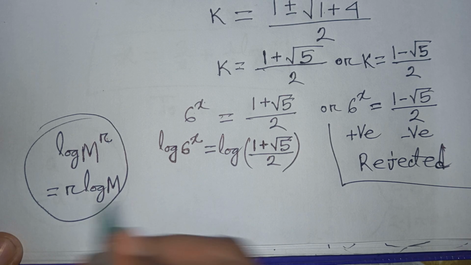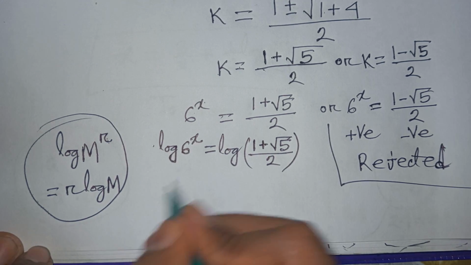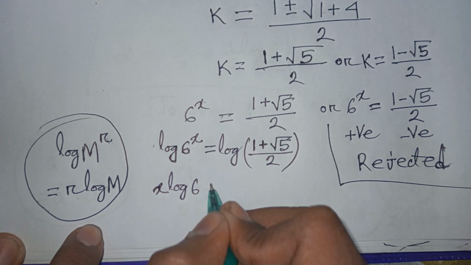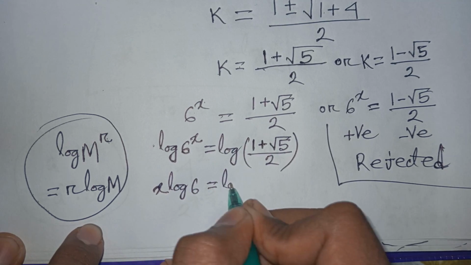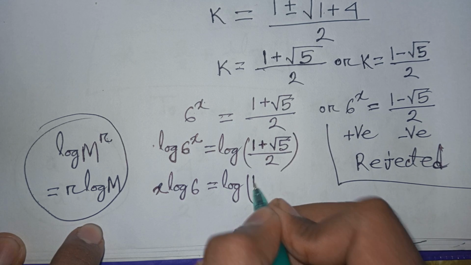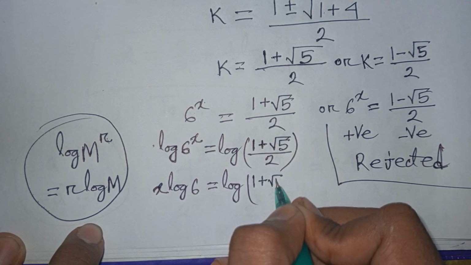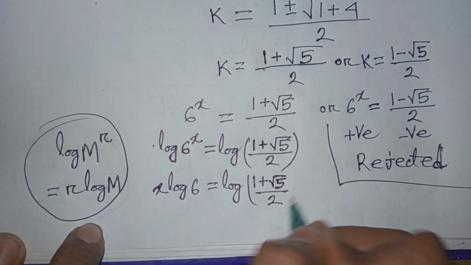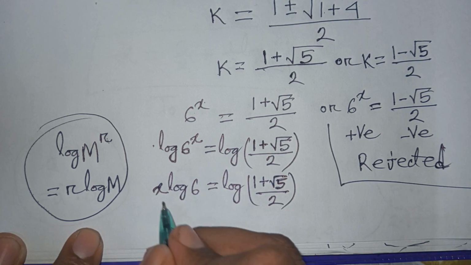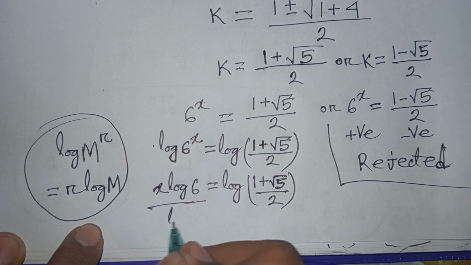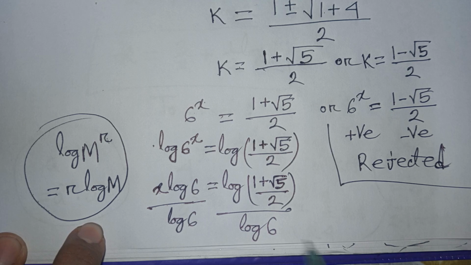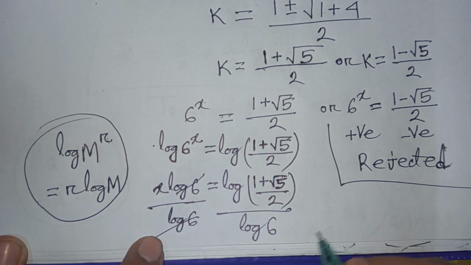This power moves to the front, so x log 6 is equal to log of (1 plus square root of 5) over 2. Now we need the value of x, so divide by log 6 on both sides, so this log 6 will be cancelled.